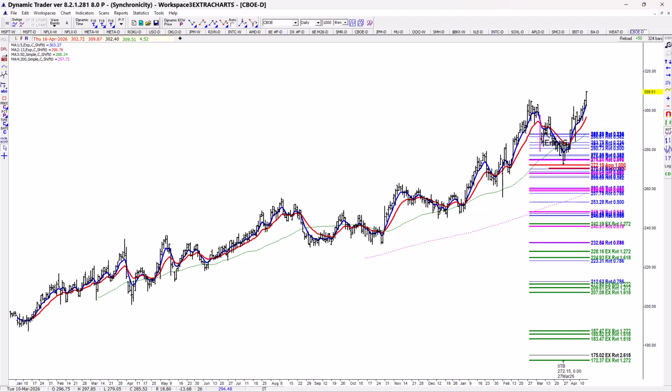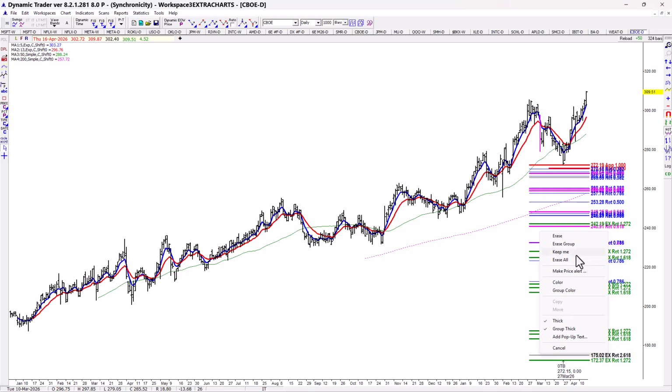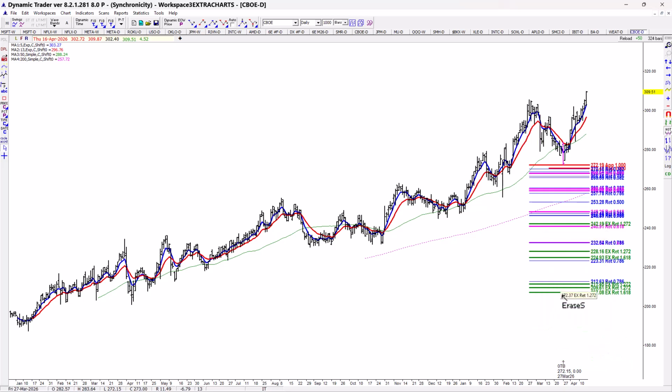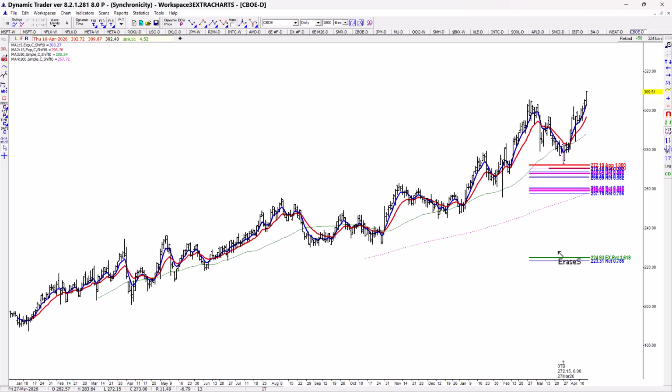So we're just going to get rid of the ones that were violated. Okay, there we go. I'm also going to get rid of the lines that are underneath the market because we're not anywhere near those. And I want to just focus on the work that's closer, or that was closer at that time. But let's see, am I done yet?